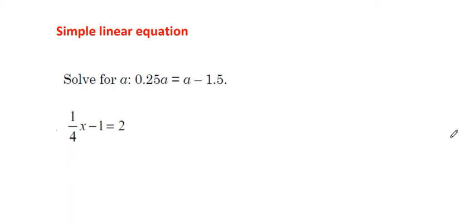Okay. So here's the linear equation. So for a simple linear equation, we just put the unknown variable on one side, so we move this one. So the constant on the other side, just like change this: 1.5 equals a minus 0.25a.